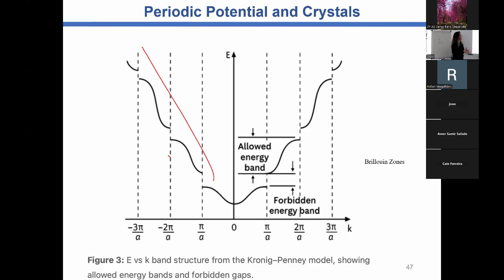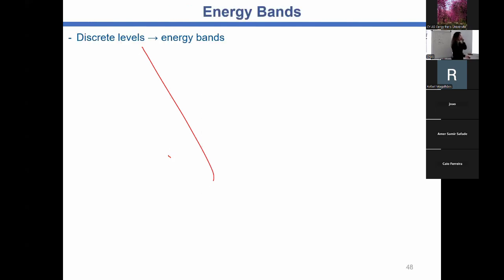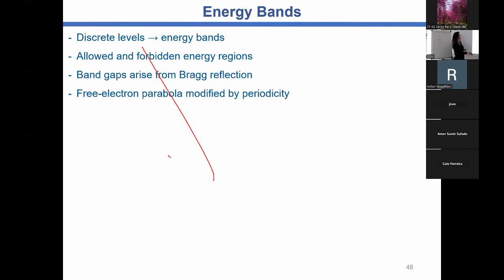We have just a different distribution inside the density of states. So the energy band will be used to describe the levels of energy allowed to the particles, to the electron inside the material.